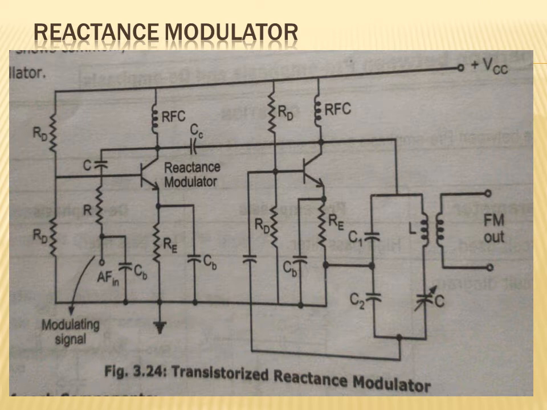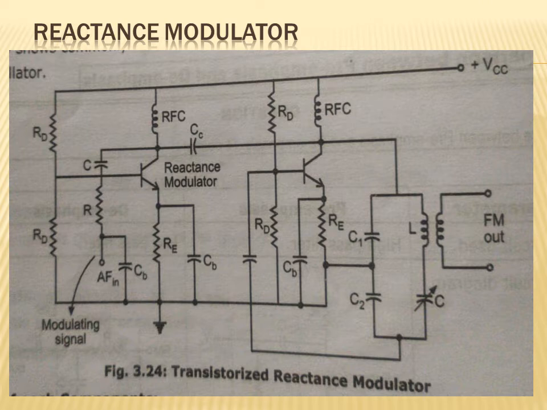CC, which stands for coupling capacitor, is used to couple the output of transistor Q1, the first transistor, to the oscillator. This circuit consists of two parts. The first part is the reactance modulator shown in the figure, and the remaining part is the oscillator circuit.